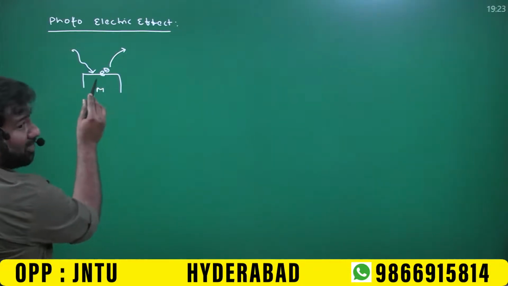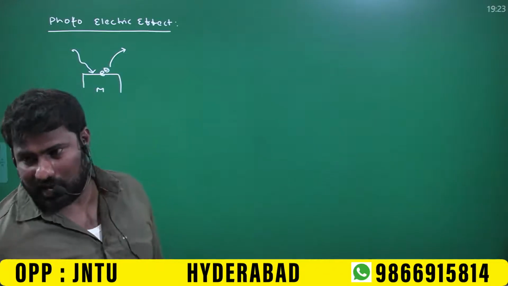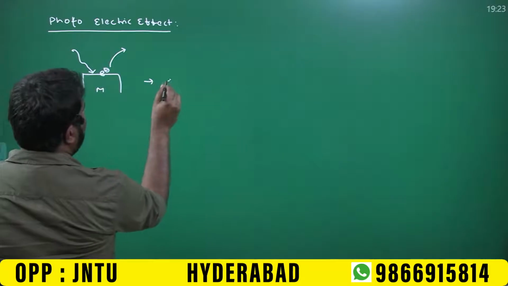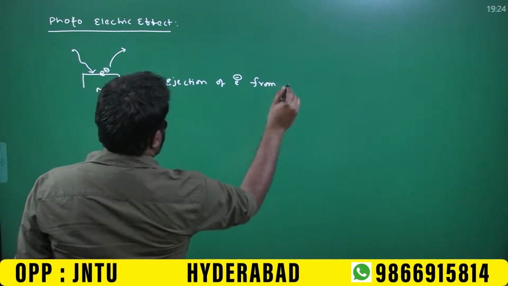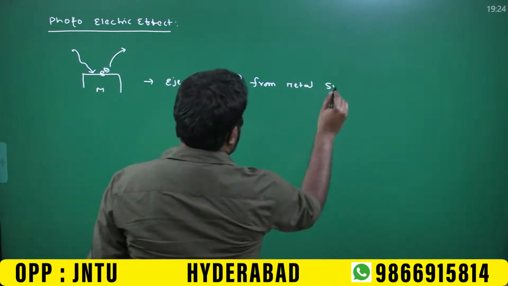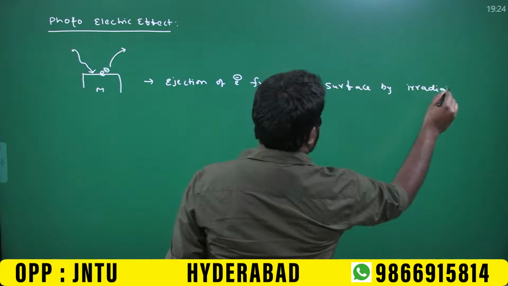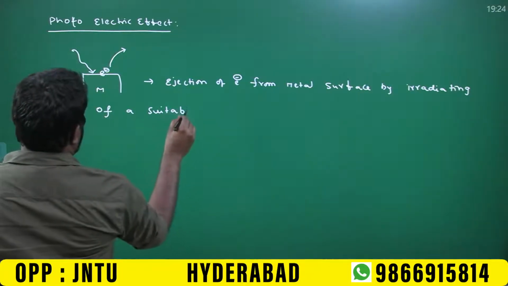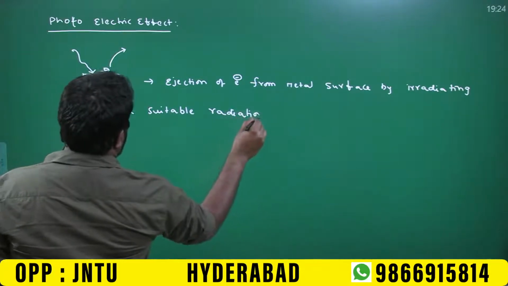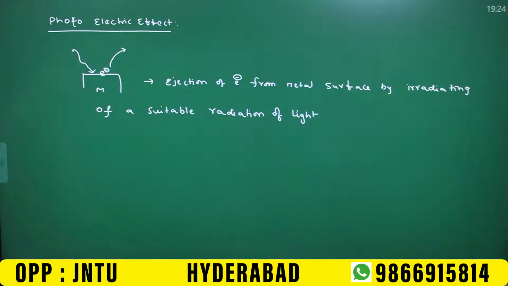The ejection of electrons from the metal surface by irradiating a suitable radiation of light is called the photoelectric effect.